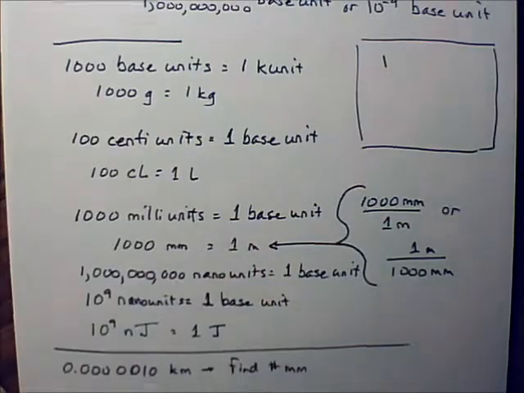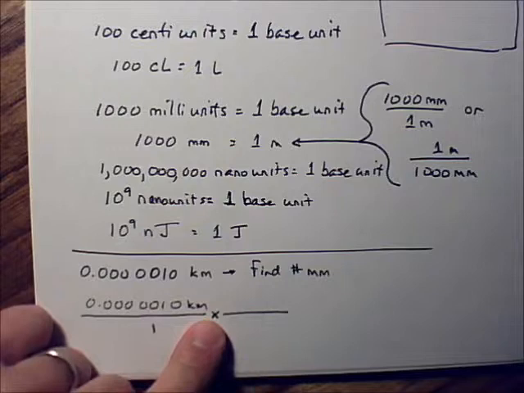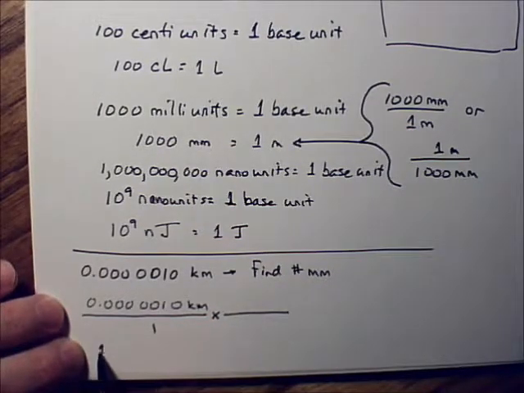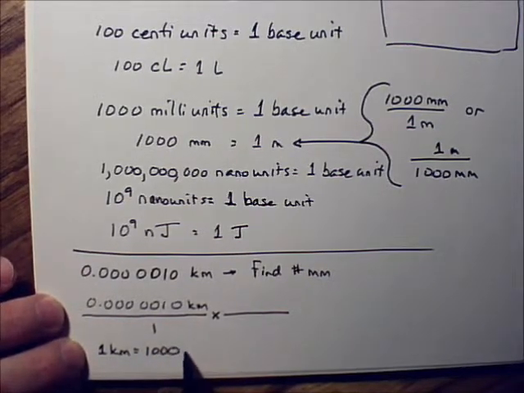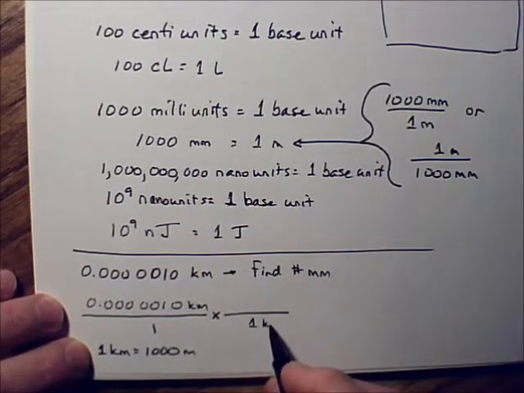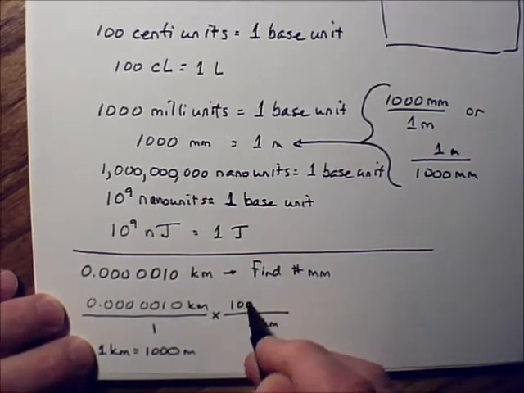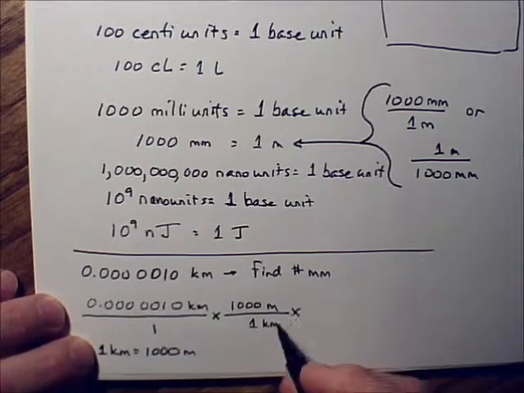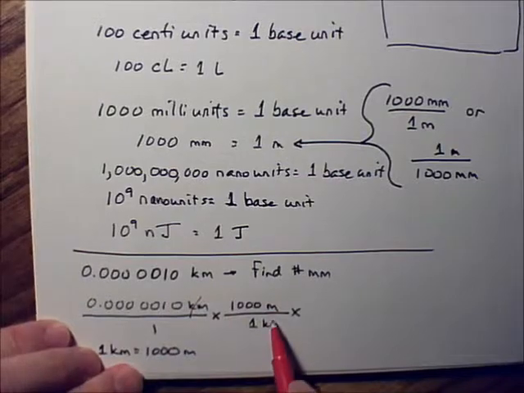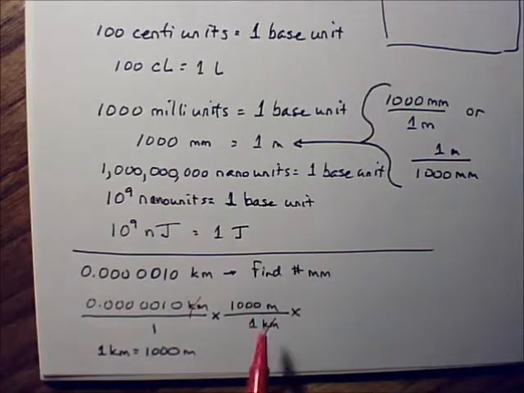What's the base unit for this? Meters. So we have this equality statement. We have 1 kilometer equals 1,000 meters, right? So I can put 1 kilometer on the bottom, and we have 1,000 meters on the top. And using dimensional analysis then, I can cancel units, like I can cancel x's and y's in algebra. So kilometers go away. I'm at meters.